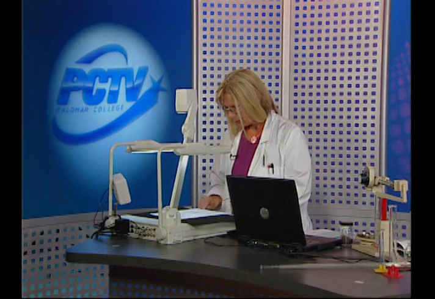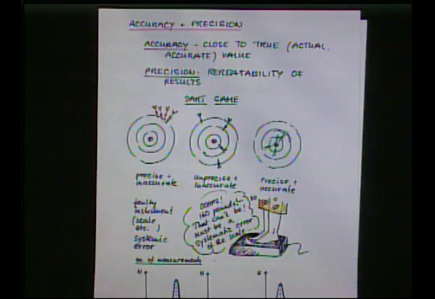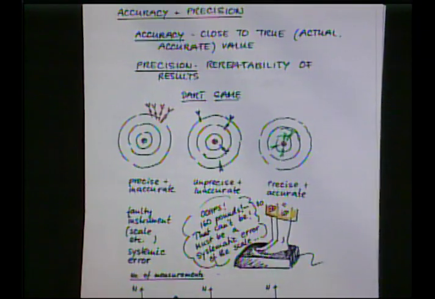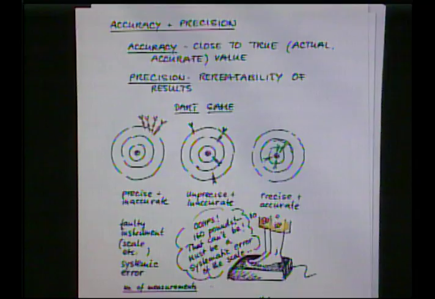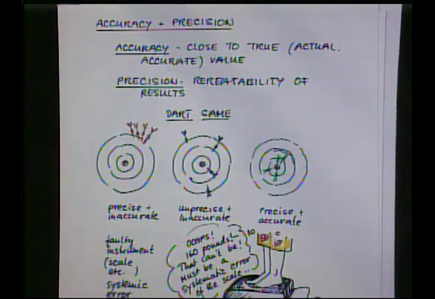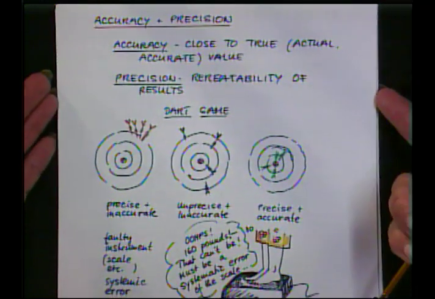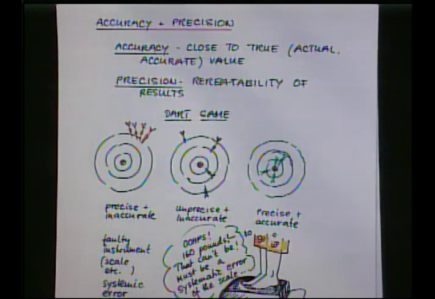So let's look at the first illustration page here. Now zoom in a little bit so you can see it better. Yes. Now, many people get accuracy and precision a little bit mixed up. But I already told you, accuracy is easy to remember. That's how I remember it.